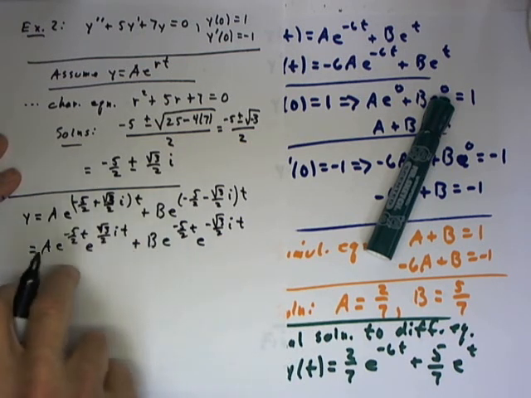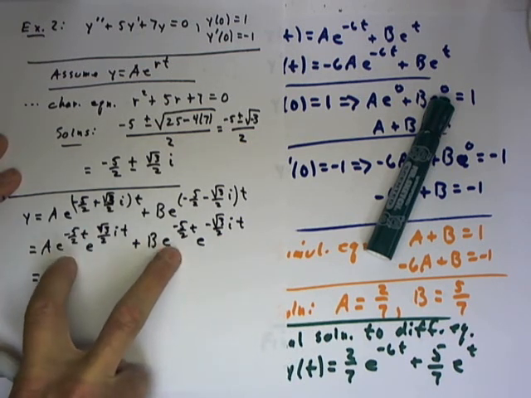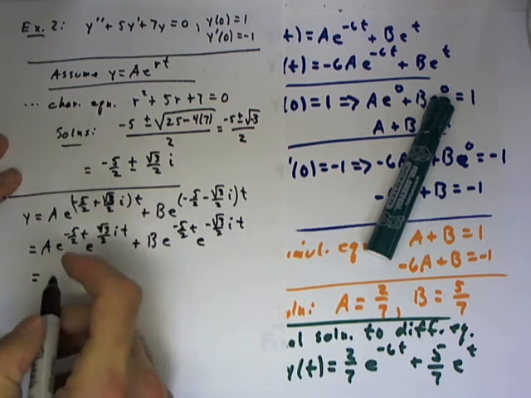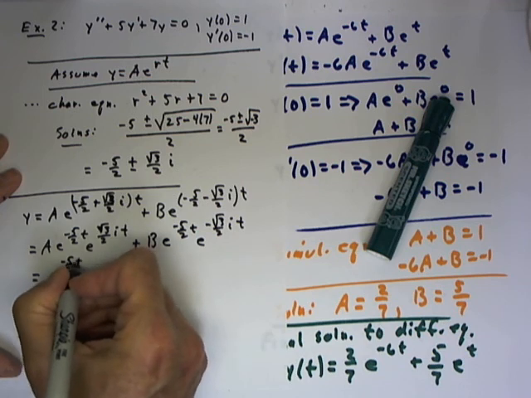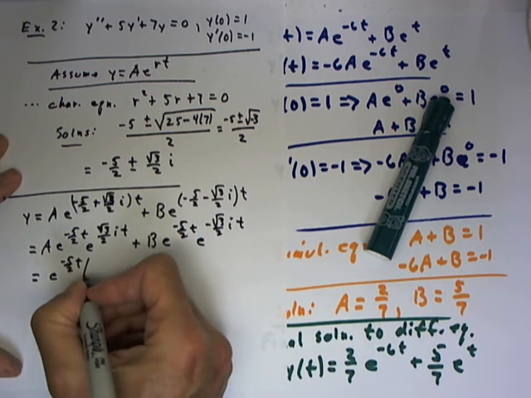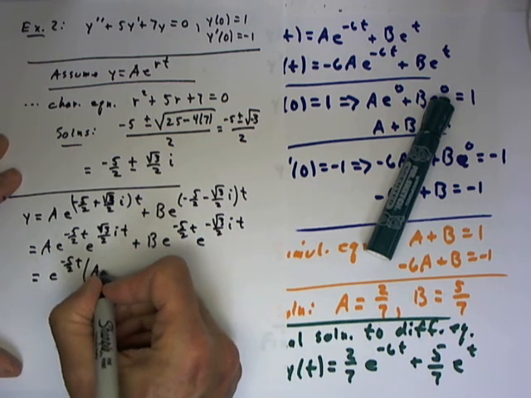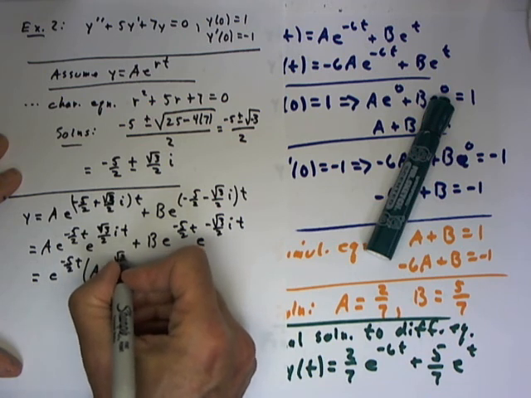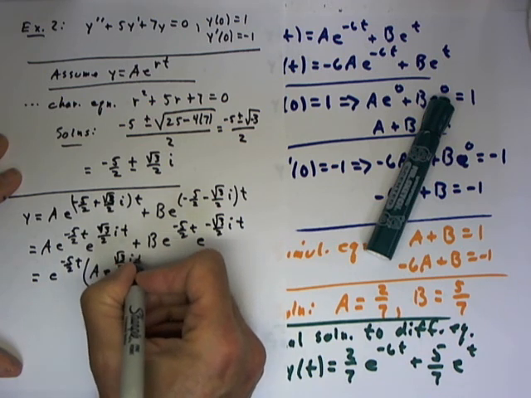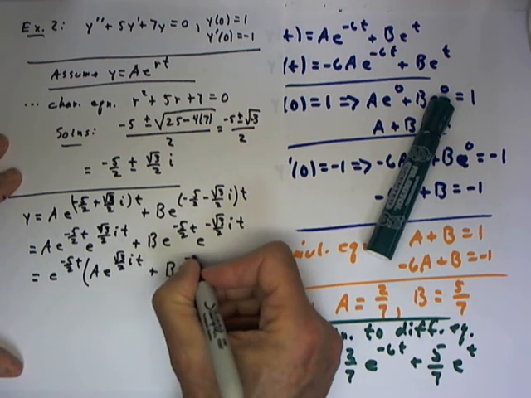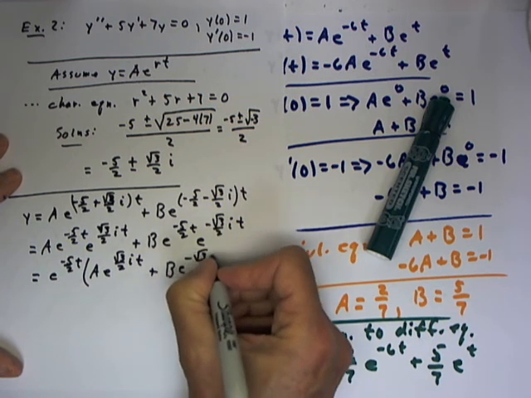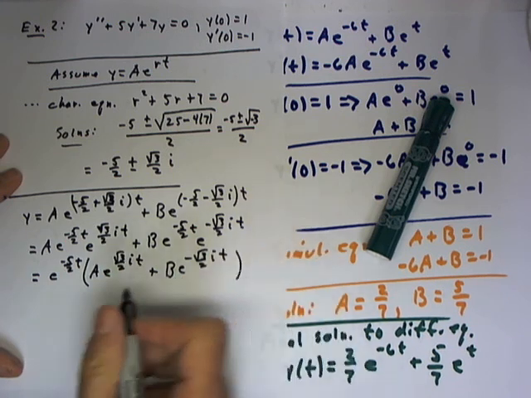We see that the e to the negative 5 halves t will factor out, so we can write this as e to the negative 5 halves t multiplied by a e to the square root of 3 over 2 it plus b e to the negative square root of 3 over 2 it.